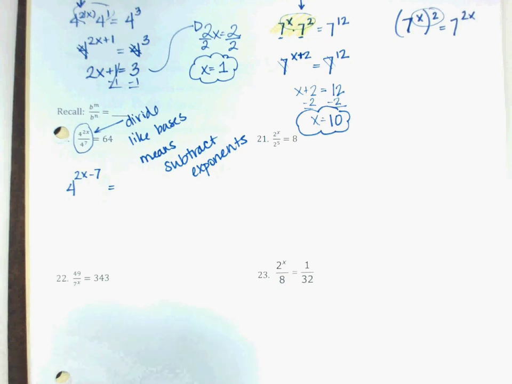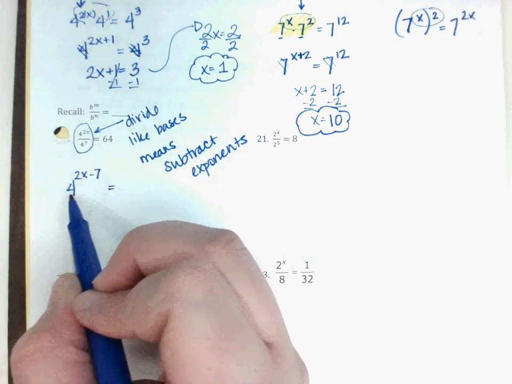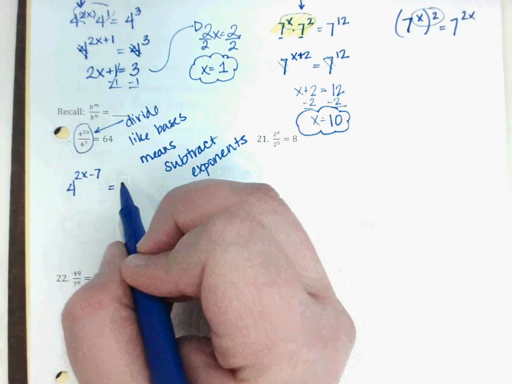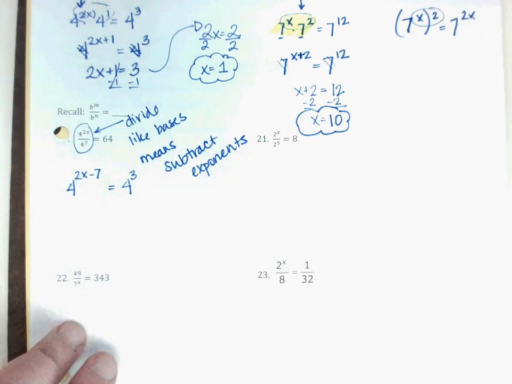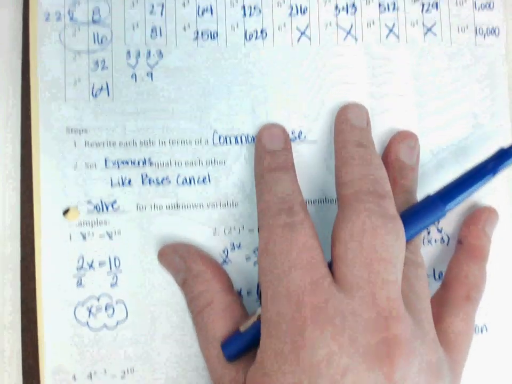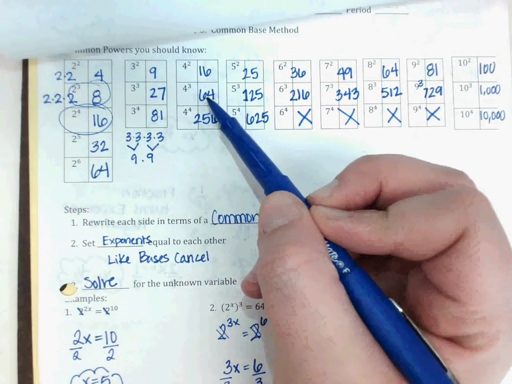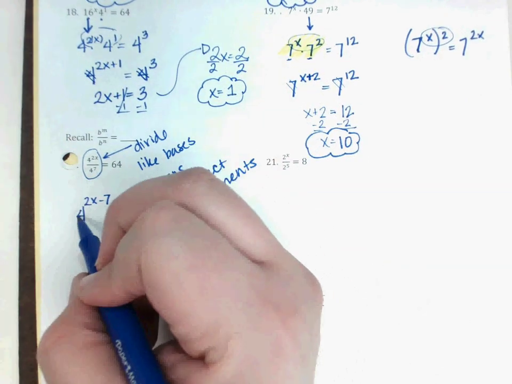2x minus 7. Now convert 64. What is 64 as a base 4? 4 to the 3. And again, you can find it here in your chart. Okay, 4 to the 3 is 64 right here. Then from there, what do I do with my 4s?